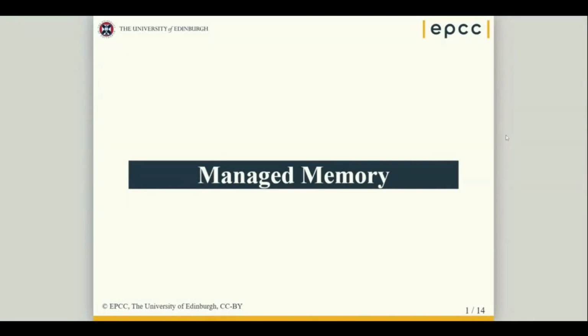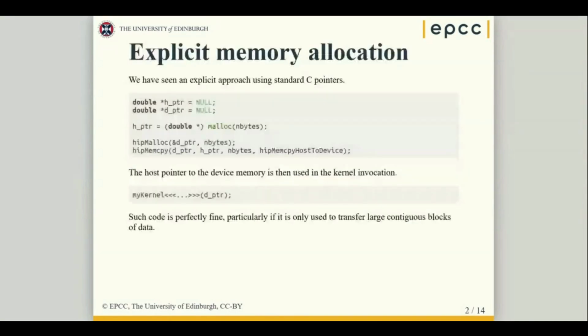So I guess you can see my slides of managed memory. So far what we have done is work with explicit memory allocation. What that means is we have two pointers, one pointer to the host memory and one pointer to the device memory.